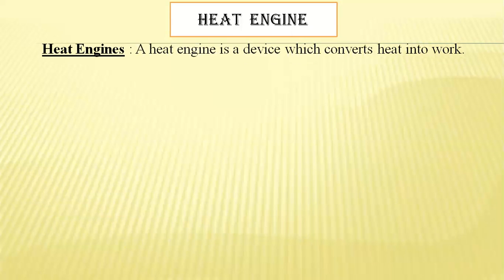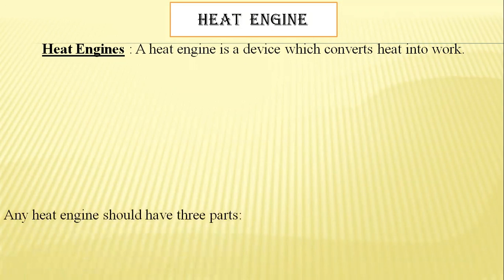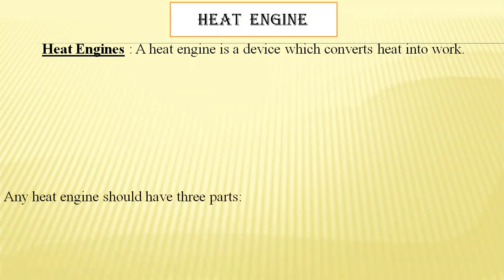Let us first define the heat engine here. A heat engine is a device which converts heat into work. Let me explain it. Any heat engine should have three parts.